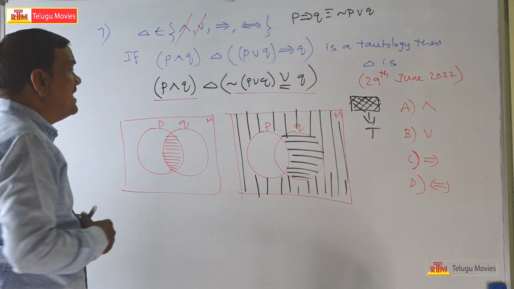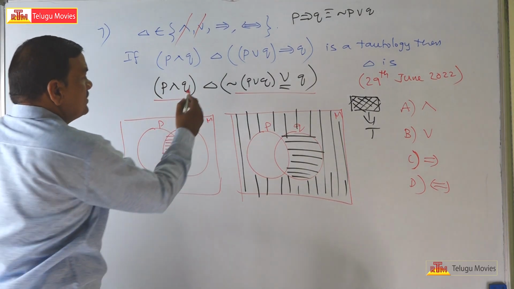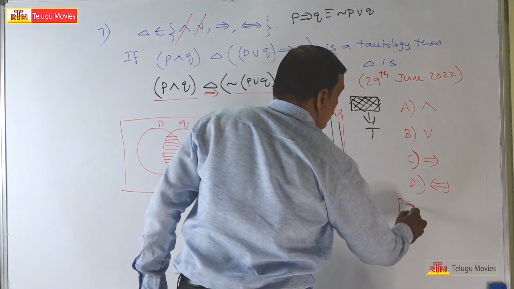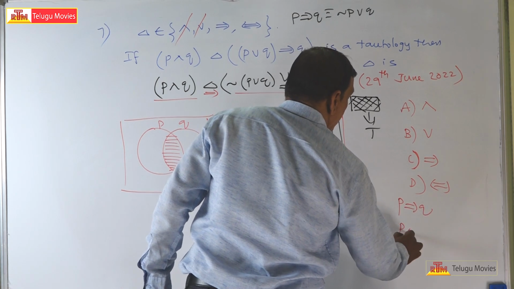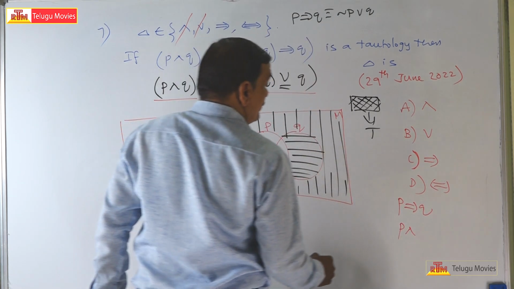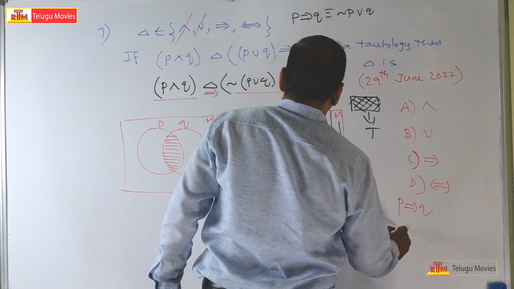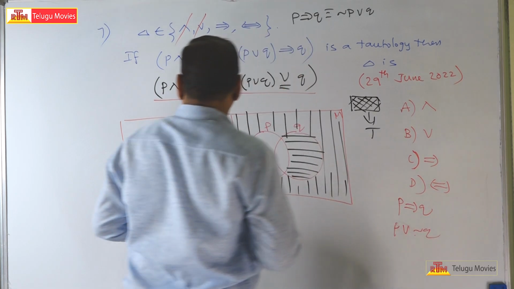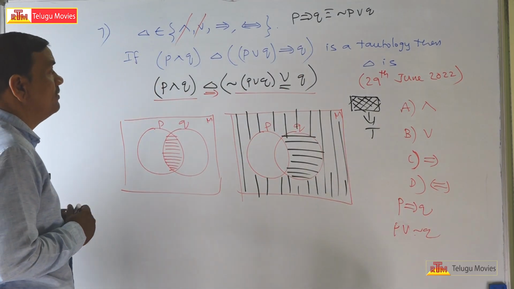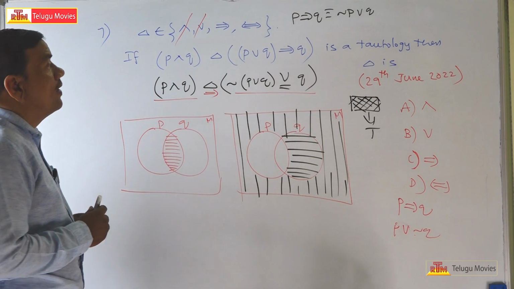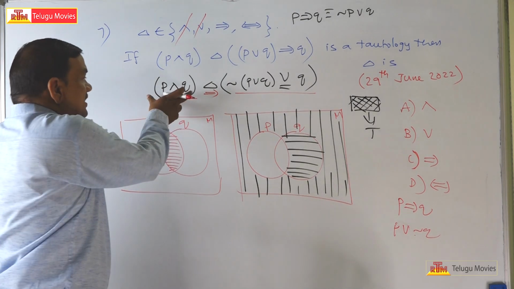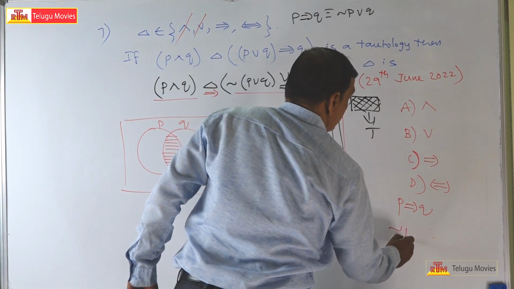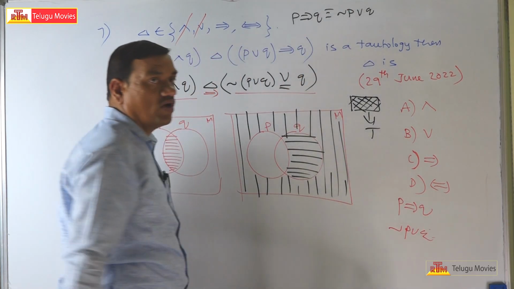If it is implies, what is P implies Q? P implies Q is negation P or Q. I have already written the formula.